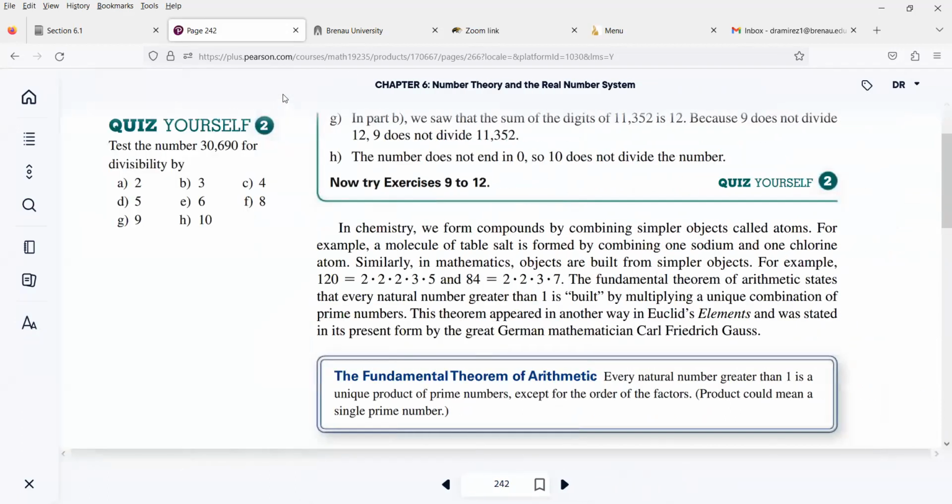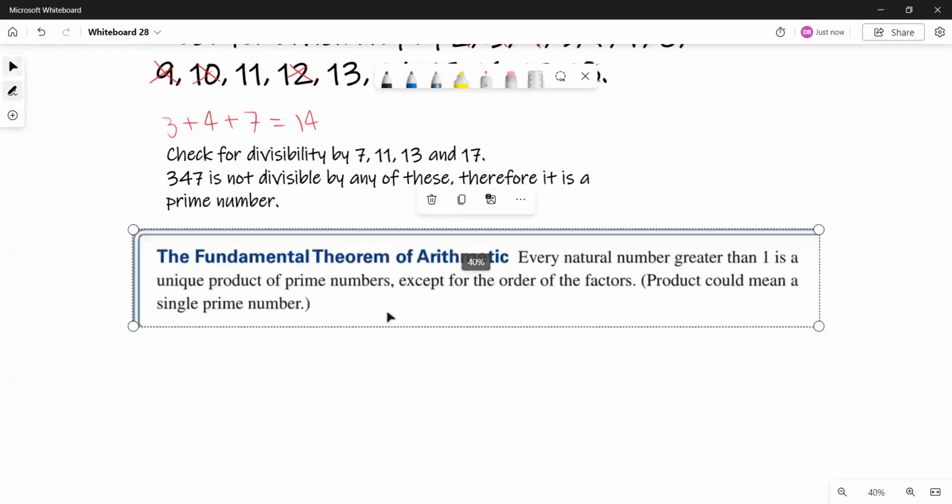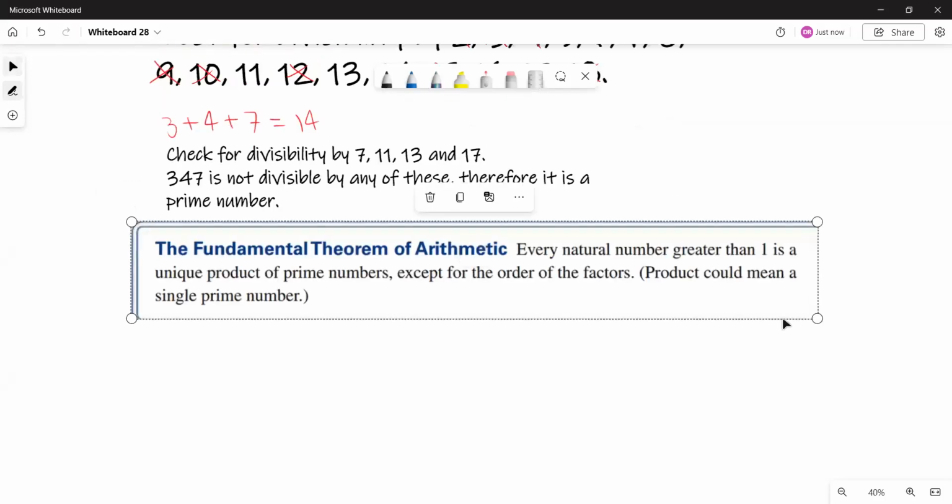The fundamental theorem of arithmetic says that every natural number greater than 1 is a unique product of prime numbers, except possibly for the order of the factors. So product could mean a single prime number. This is page 242.